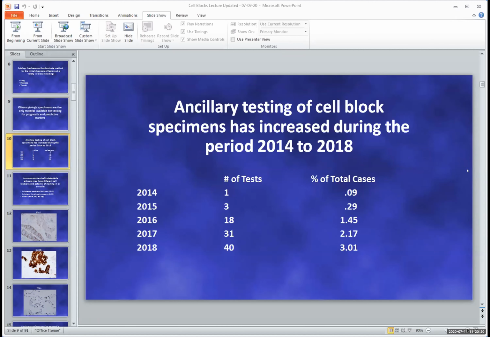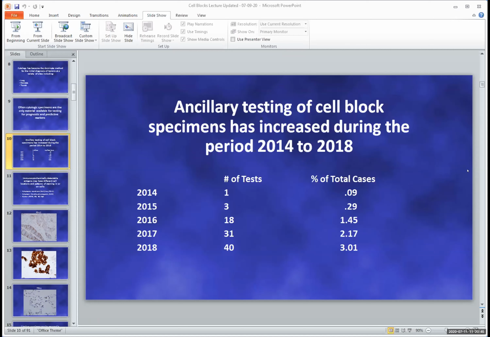Now, just to look at ancillary testing being performed on cell block specimens, how it's grown over the years. This basically shows its growth at Missouri from the time I arrived to the present, or to 2018. And you can see in 2014, the percentage of cases that had cell blocks that were used for ancillary testing was essentially negligible.